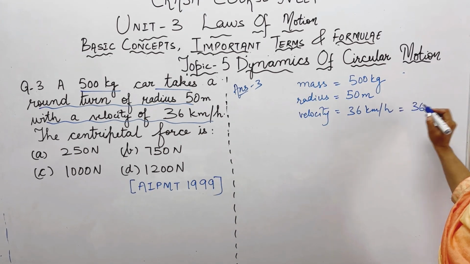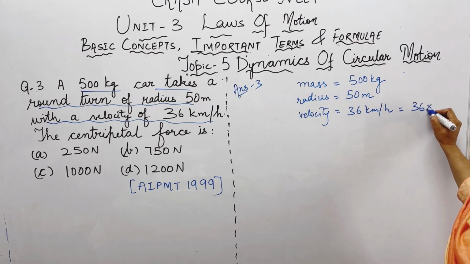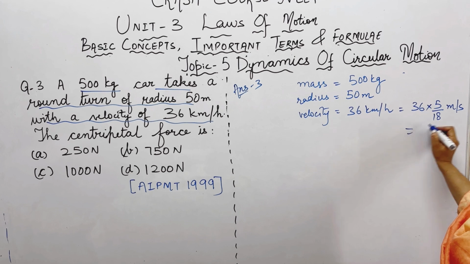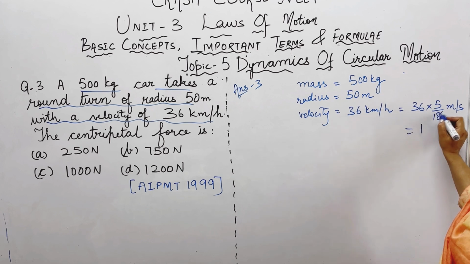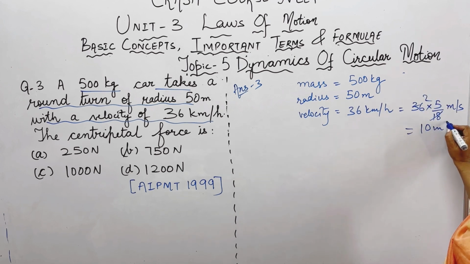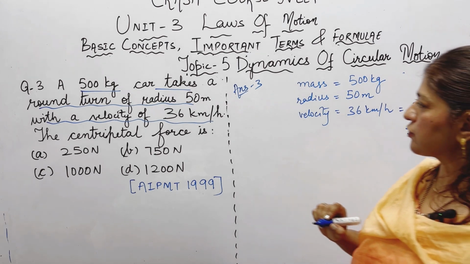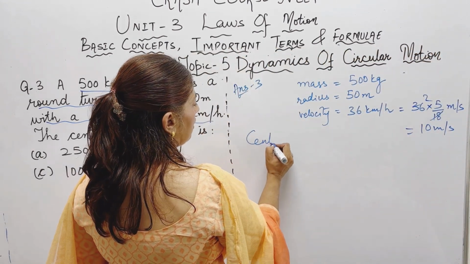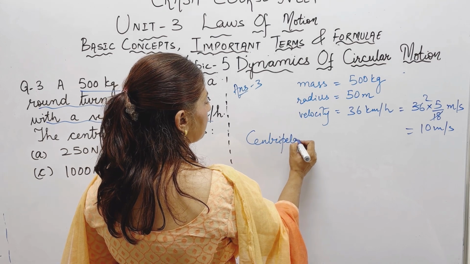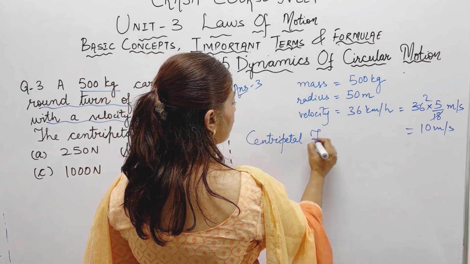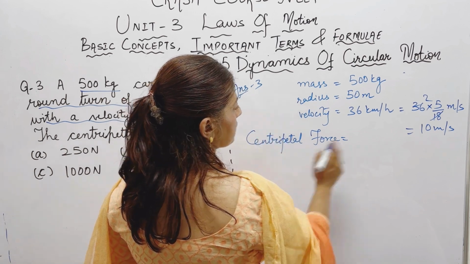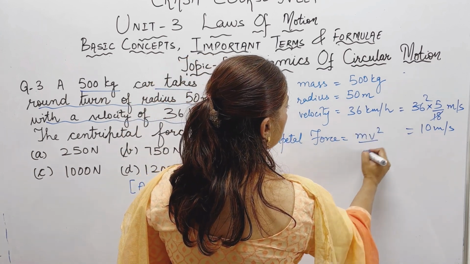To convert 36 to meter per second, multiply by the factor of 5 by 18, and the value comes out 10 meter per second. So this is a direct formula based question. The centripetal force, if you remember the formulas that we have discussed, is given by mv square by r.